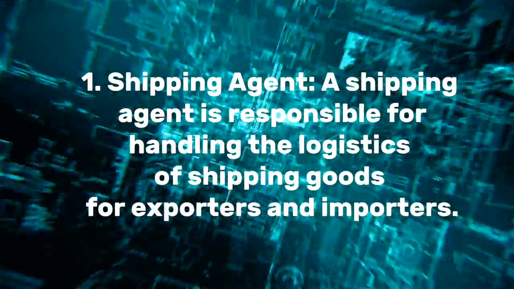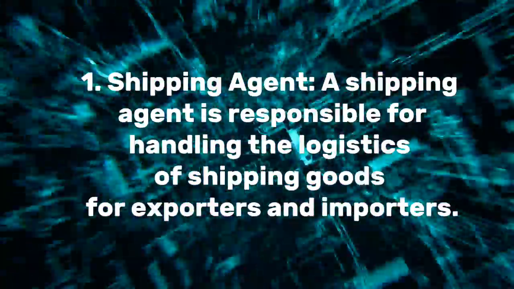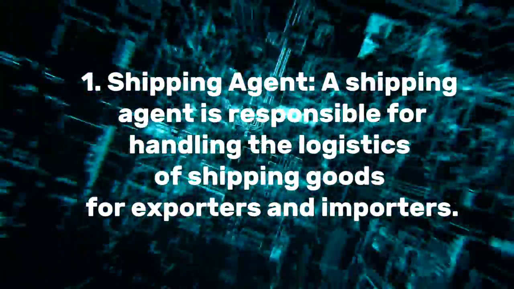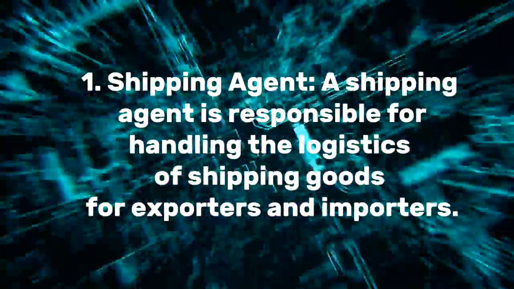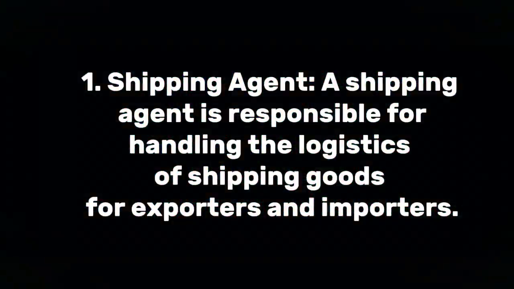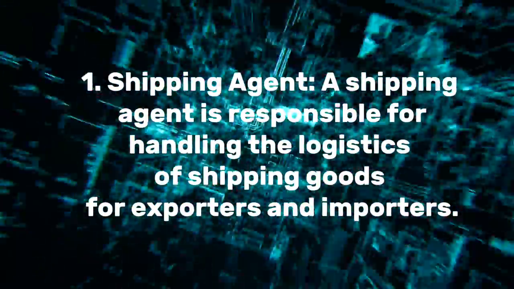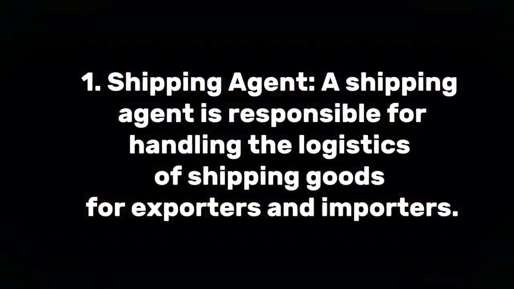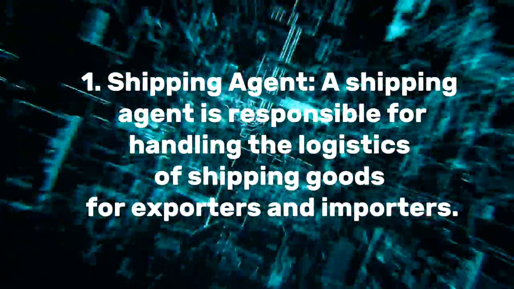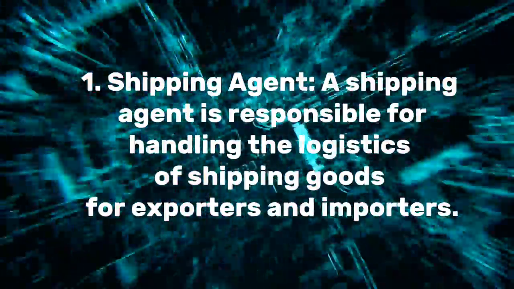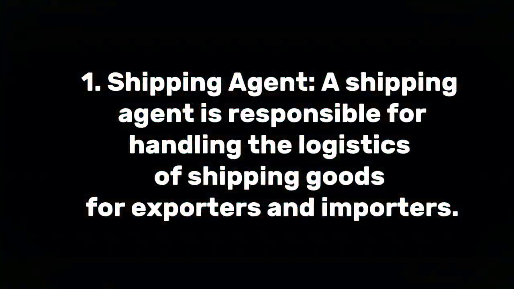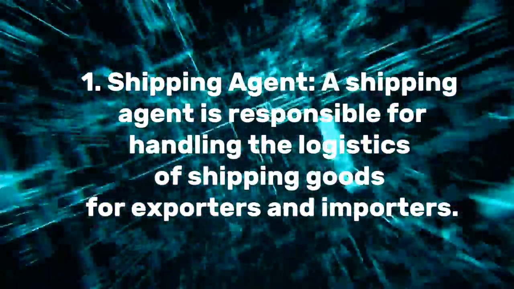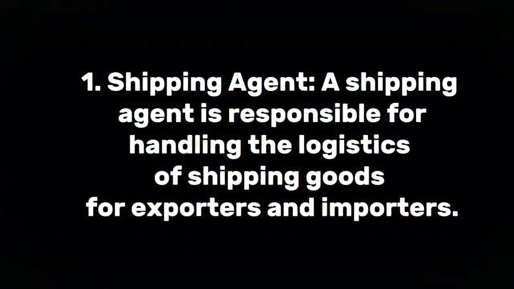Shipping, clearing and forwarding agents: handling of documents for imports and exports, arranging transportation of goods and assisting with customs clearance. In foreign trade, shipping and forwarding agents also play crucial roles in facilitating the movement of goods across international borders. Now, we have different types of shipping agents and forwarding agents, but there are two main ones that we'll be focusing on. Let us talk about shipping agents.